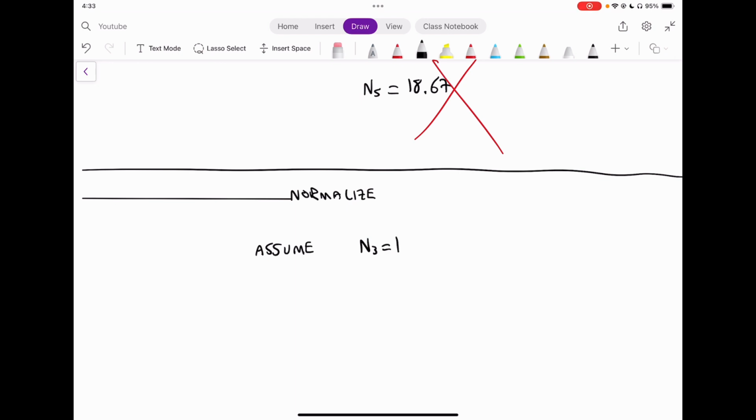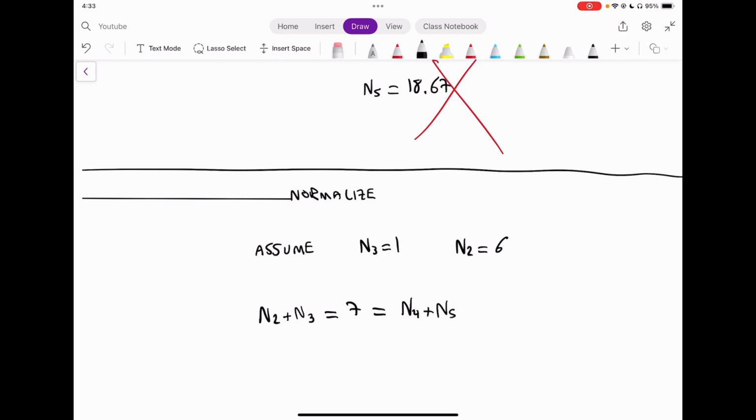This is just a current assumption to find numbers. It's not the truth, obviously, but it simplifies our system to the maximum. That means that N2 is going to be equal to 6. If we plug it into our equation of N2 plus N3, we find that N2 plus N3 is going to be equal to 7. So we're basically simplifying to the lowest number possible, and that's going to be equal to N4 plus N5.